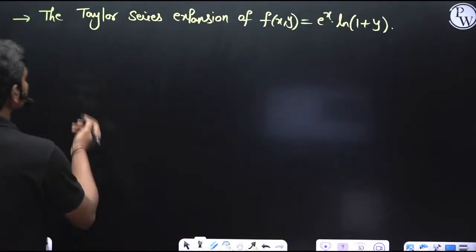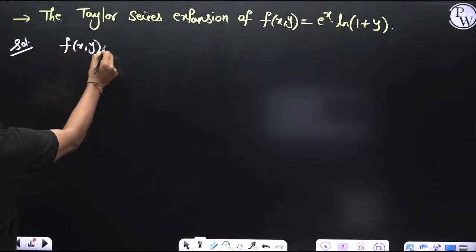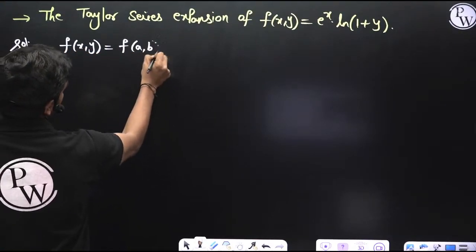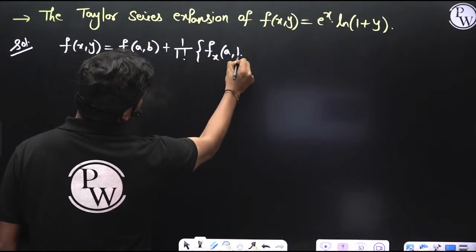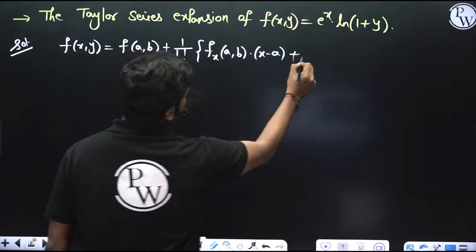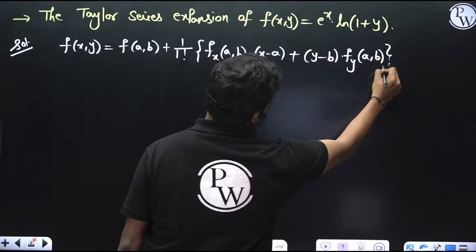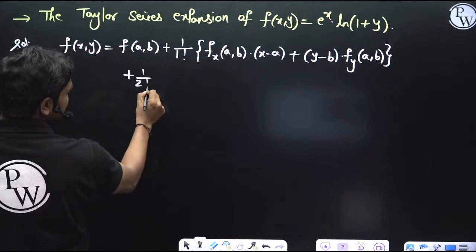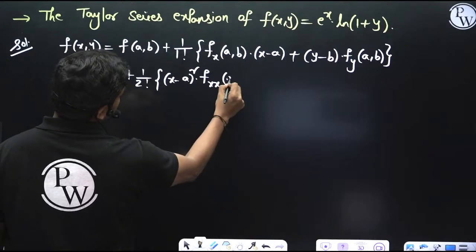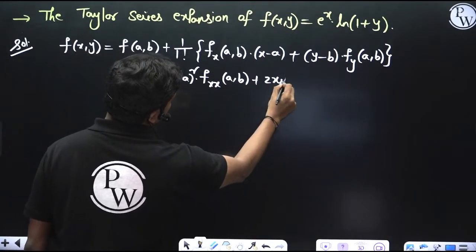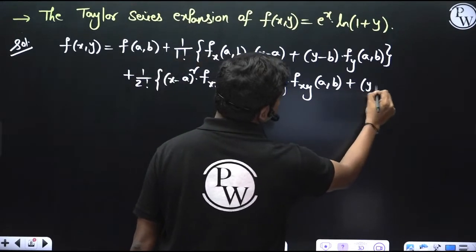So let's see, as per the definition I have given you, f of x, y is equal to f of a comma b plus 1 by 1 factorial times fx at a comma b into x minus a plus y minus b times the first derivative of f with respect to y at a comma b, plus 1 by 2 factorial, I'll just write 2 terms, x minus a whole square fxx at a comma b plus 2xy fxy at a comma b plus y minus b whole square.